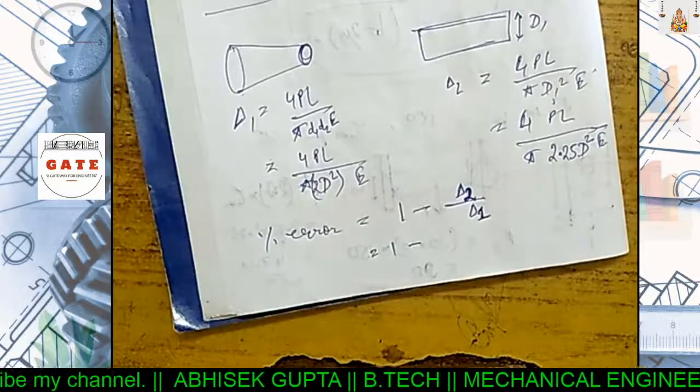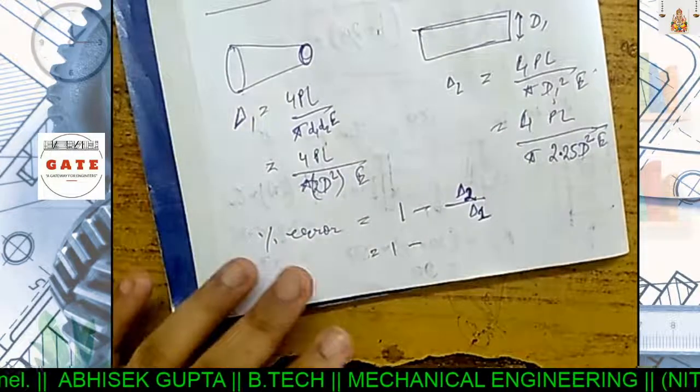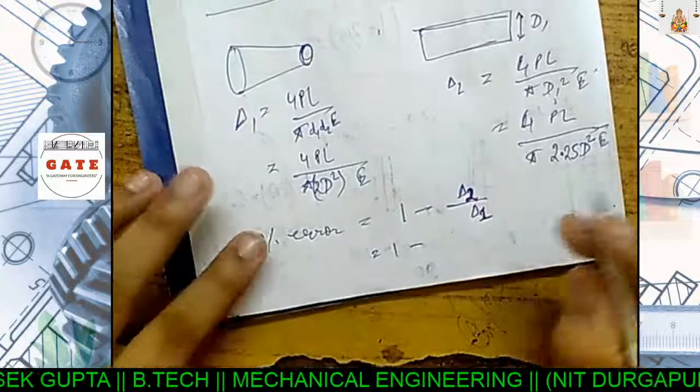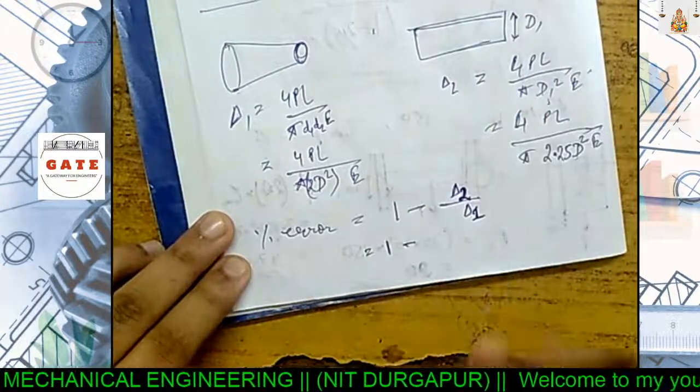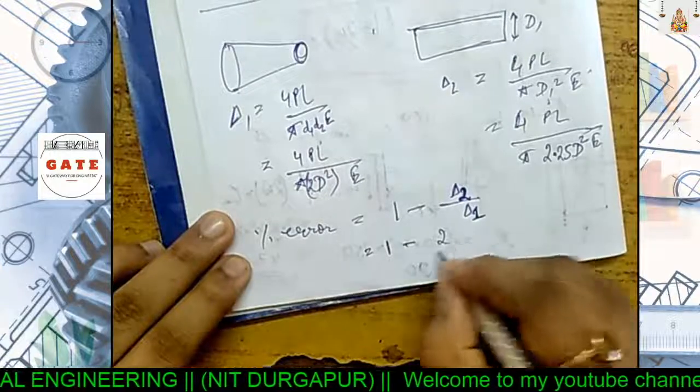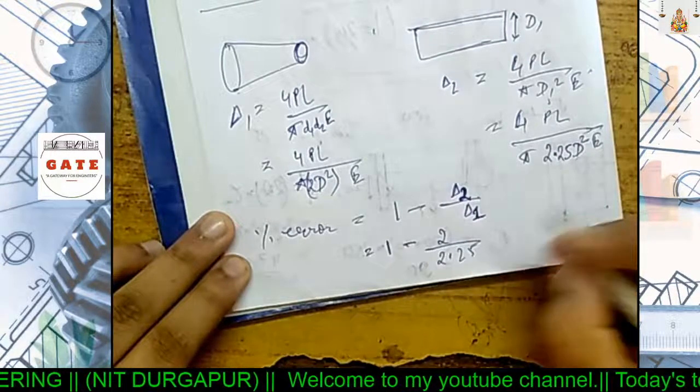It will be 1 minus delta 2 upon delta 1. Okay, final divided by initial. So it will be initial minus final divided by initial. So it will be 2 divided by 2.25.